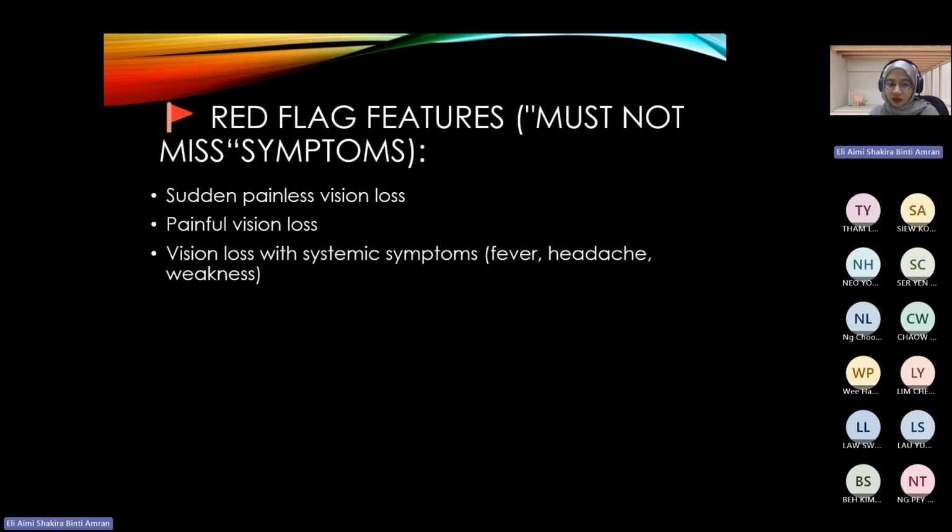Weakness can be limb weakness, or weakness in speech, meaning slurred speech, any kind of weakness involving our 5 senses.